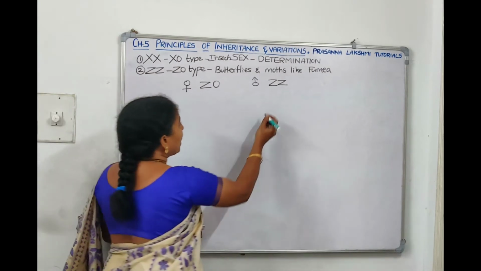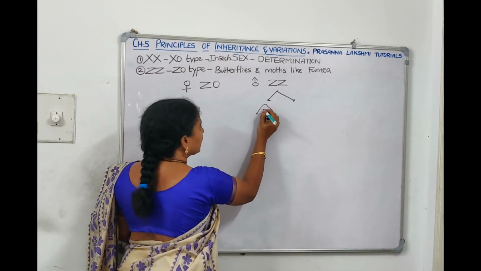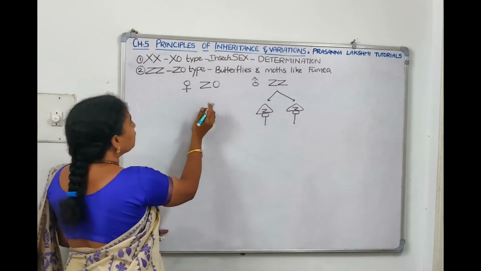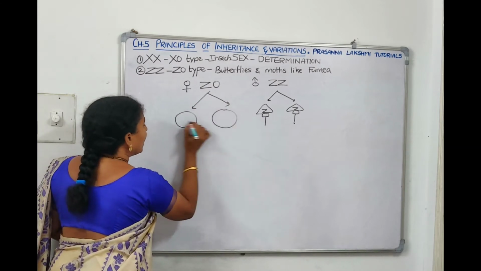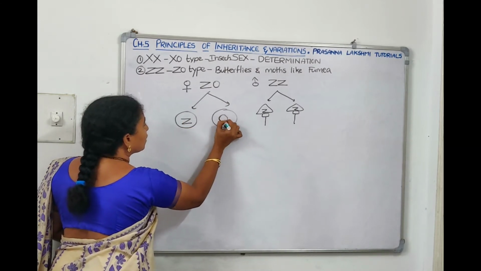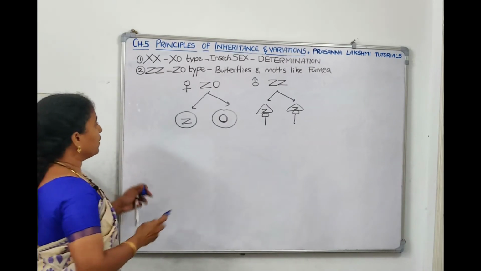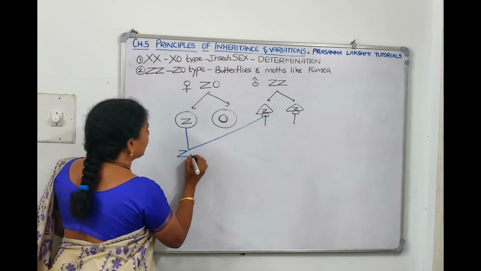That means the males here will produce the same type of sperms, Z and Z, whereas the females will produce two types of eggs: one egg with Z chromosome, the other egg without Z chromosome, 0. Then what type of offspring do we get? When the egg fuses with this sperm, we get ZZ.